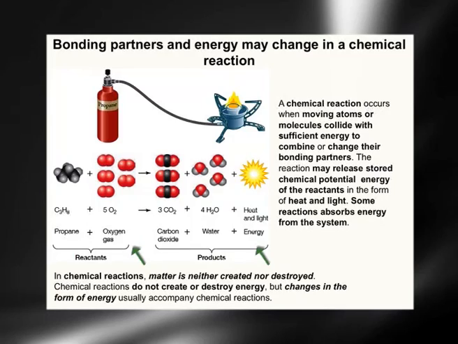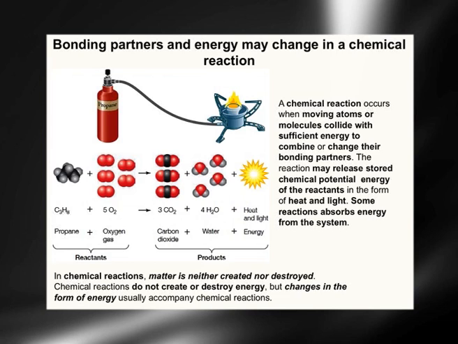Let us take this example, the reaction of propane with molecular oxygen to form carbon dioxide and water with a release of energy as heat and light, which is seen as a flame when propane burns.